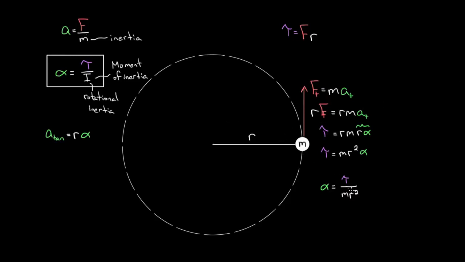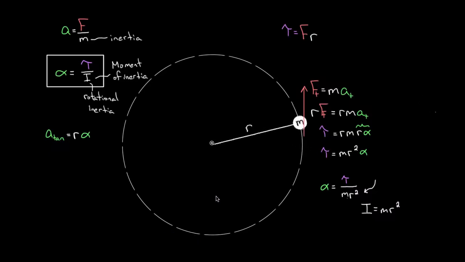We can see what it depends on. For a ball on the end of the string, the moment of inertia was just m r squared. This was the denominator, the term serving as the rotational inertia for this mass on a string. What that means is if you had a bigger mass, or if the radius were bigger, this object would be harder to angularly accelerate.